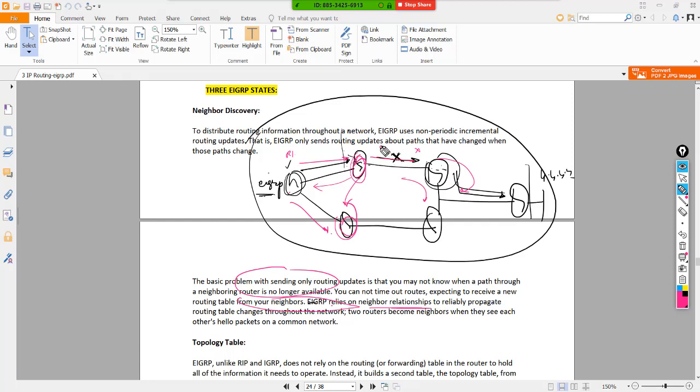In this case, it's not going to send, and as soon as the neighborship goes down, EIGRP will be notified that it's gone down, and EIGRP will make use of the feasible successor, which is nothing but the backup link in this scenario. Now this gets triggered, or put up inside the routing table, and all the packets will take this path. So that's a drawback in the case of EIGRP.